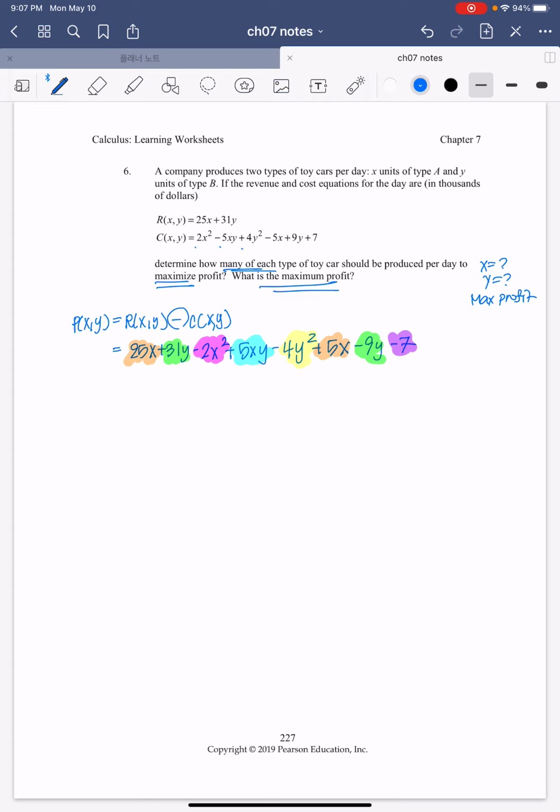So combining, P of x comma y, negative 2x squared, and then I have 5 plus 25 makes it 30x, and then we have plus 5xy, and then 31y take away 9, I get positive 22y minus 7.